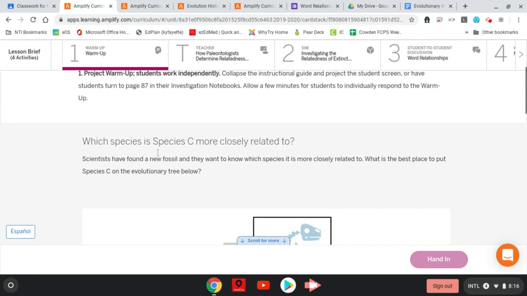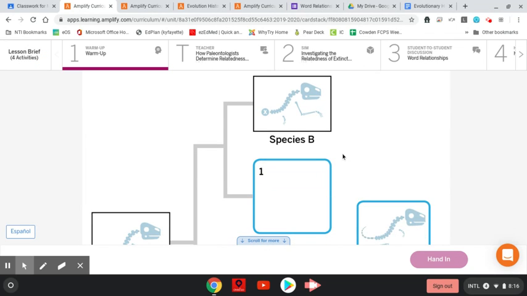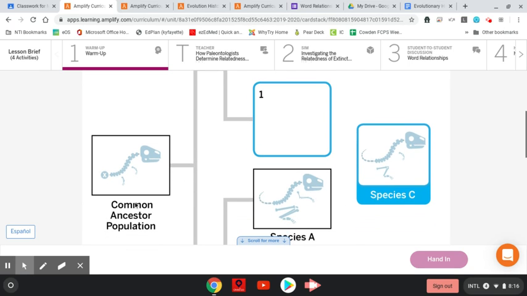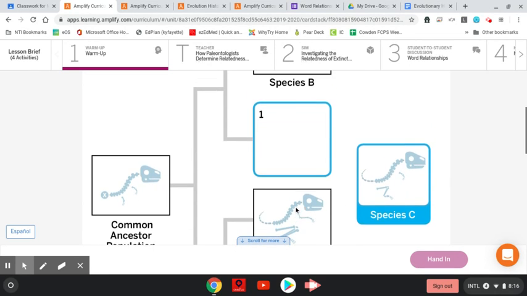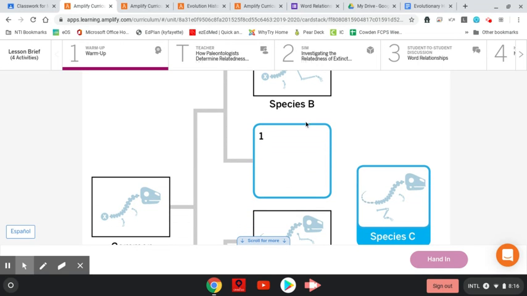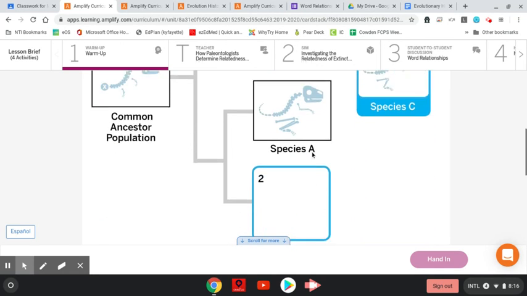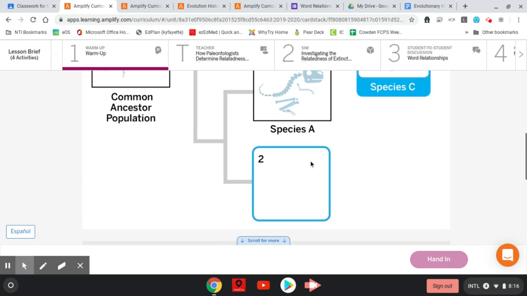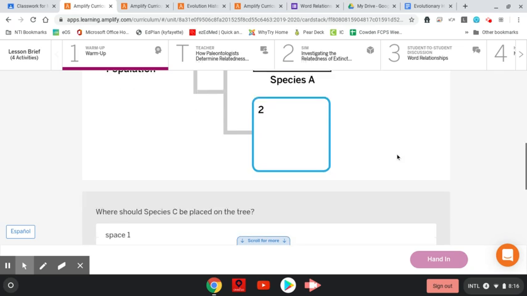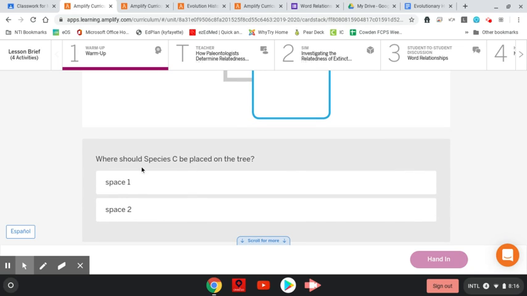So in the warm-up, you have a diagram that has three species: a common ancestor, species A, and species B. Now, there are two blue boxes, and you have to pick the box that you think species C will go into. So it says, where should species C be placed?